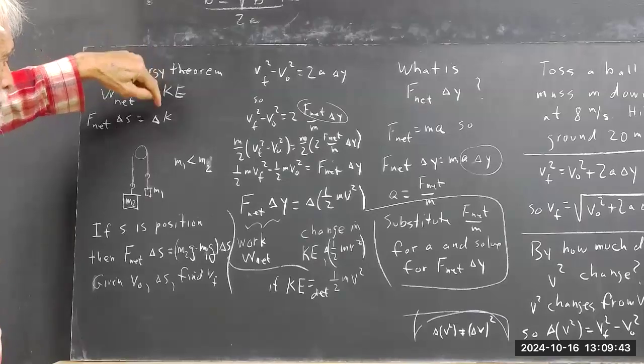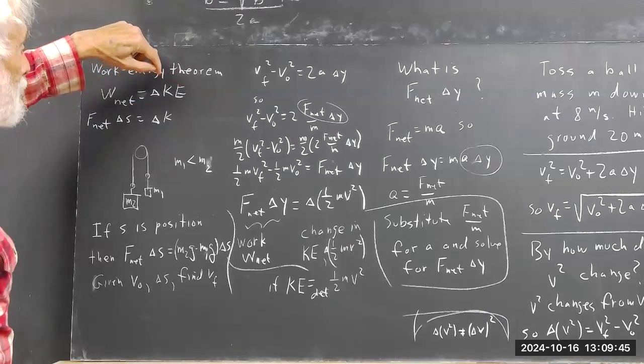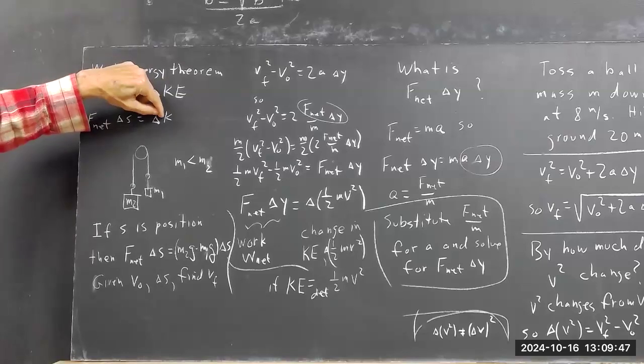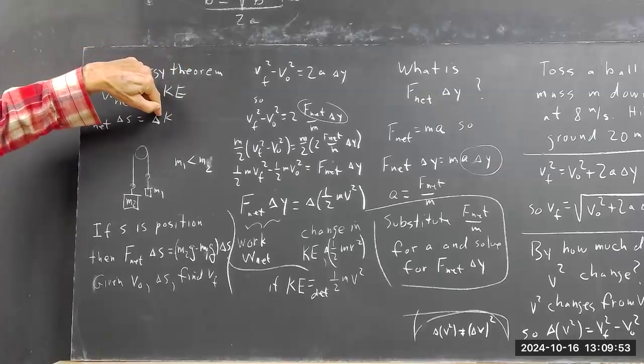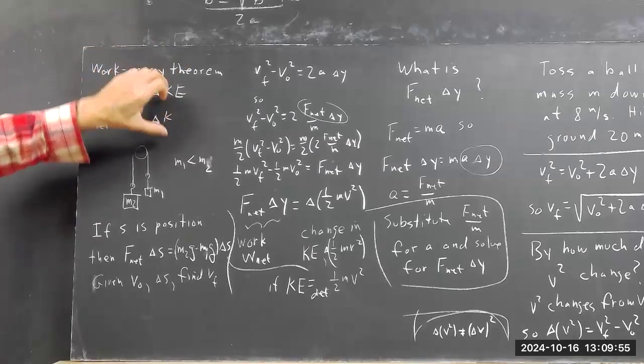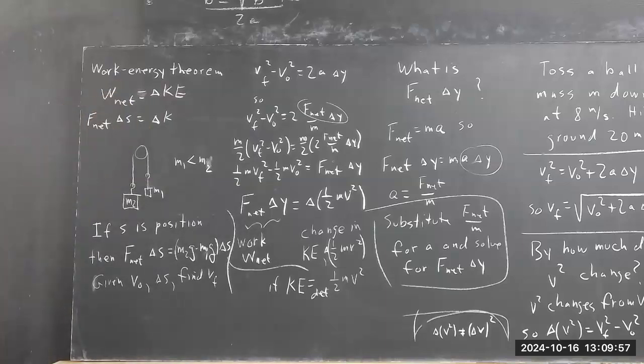Your text will drop the E on kinetic energy. I've written it out several times, and now K just means kinetic energy. So sometimes I'll write KE, but sometimes I'll just write K. A little neater with just a single symbol. Less writer's cramp. Less space on the page.